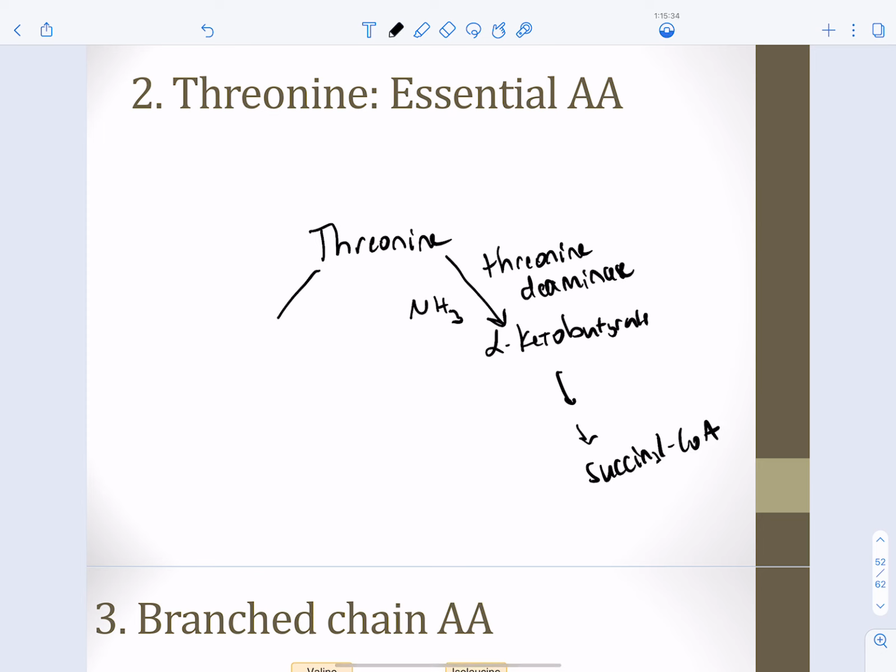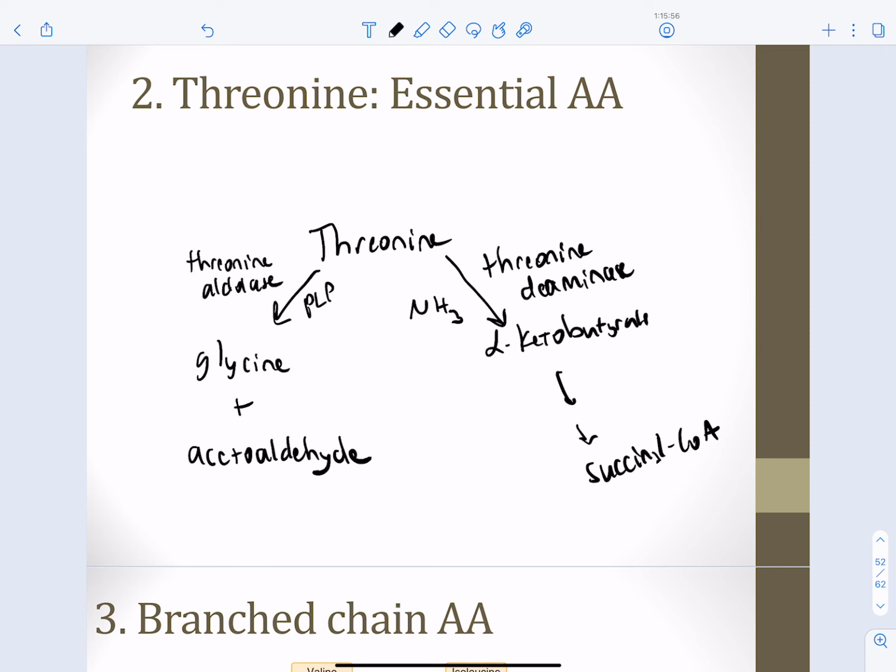And then the other way we already talked about was through our threonine aldolase. And this required our transamination reaction to glycine and acetaldehyde. Right, so remember that this was a minor pathway. So this is minor, and this is more the major pathway.